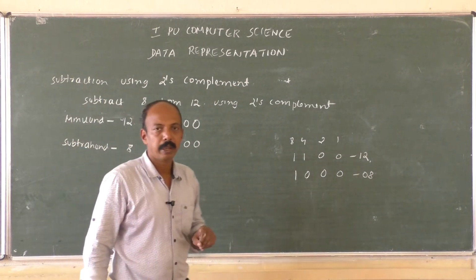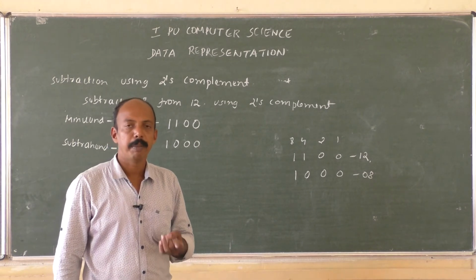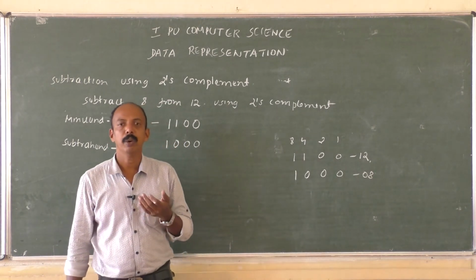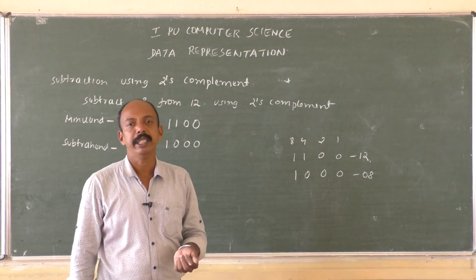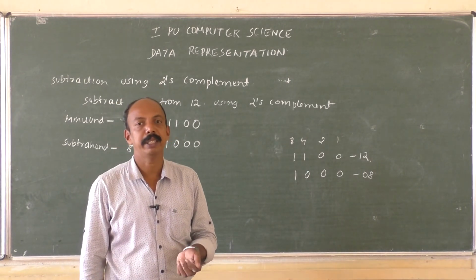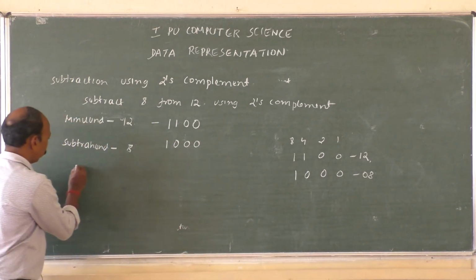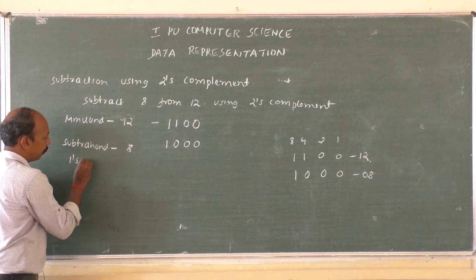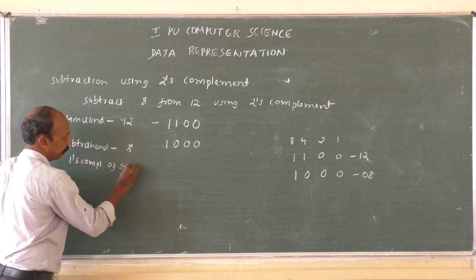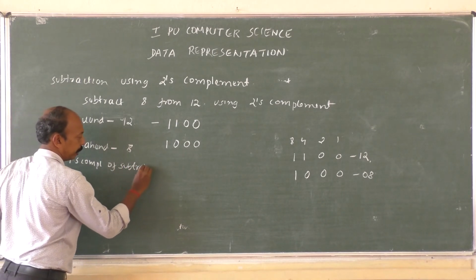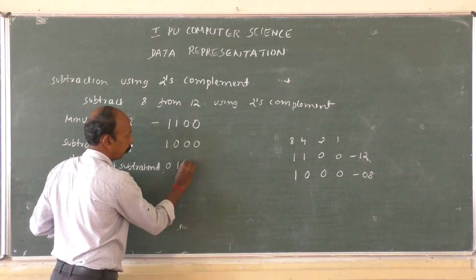What we have to do? We have to go for the 2's complement of the subtrahend. Before taking 2's complement, we have to take 1's complement. What is 2's complement? Take 1's complement and add 1 to the LSB of the 1's complement. Now the 1's complement of the subtrahend will be 0, 1, 1, 1.